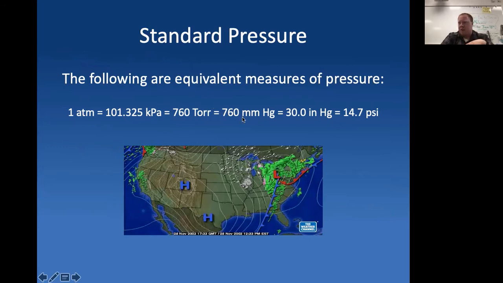Those are the same thing, which is 30 inches of mercury. Remember that mercury is Hg, so inches of mercury is what that stands for, which is 14.7 psi, pounds per square inch. 14.7 psi pushed up. So go ahead and take a moment to write these down. Make sure you have them written down because you're going to need them.